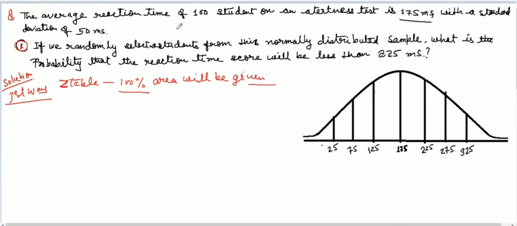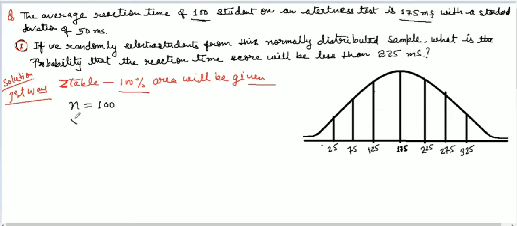The average reaction time of 100 students means the sample size n is given as 100. The average reaction time of 100 students on an alertness test is 175 milliseconds. It means they are taking a 100-student sample, and for these 100 students the average is 175.